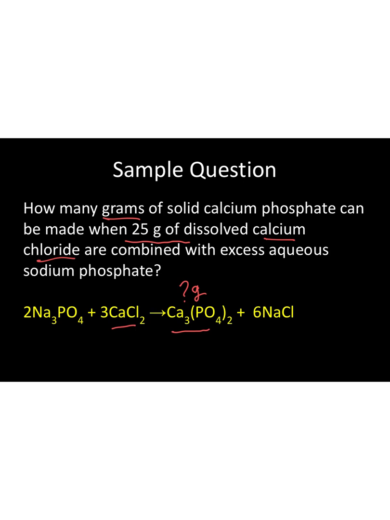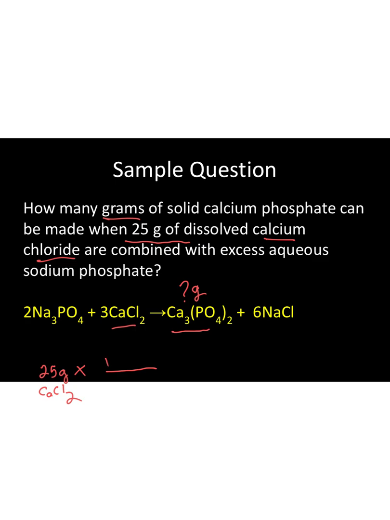So that's my given, and I'm going to start there. So I'm going to go ahead and put down 25 grams of calcium chloride. And in order to get myself over to calcium phosphate, I have to go through the mole. So I'm going to convert the grams of calcium chloride into moles of calcium chloride. So I'm going to set up the dimensional analysis to do that.